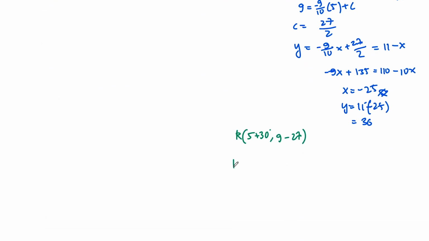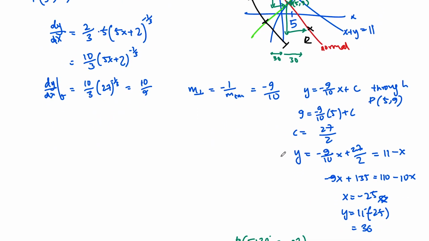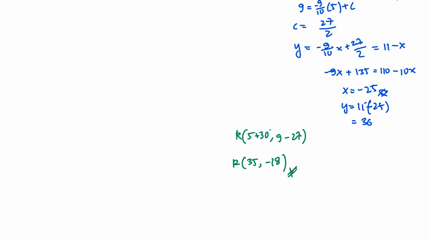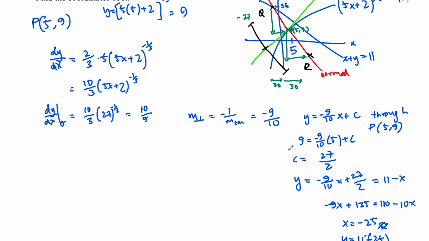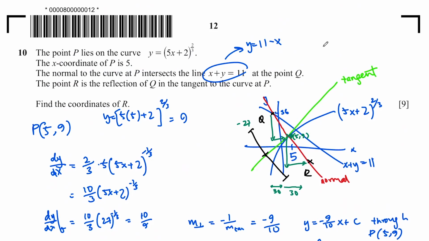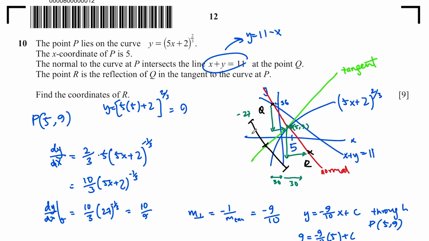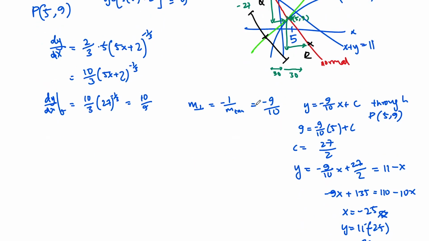So point R will be (35, negative 18). That will be the final answer for point R by symmetry. For this type of question, you should be sketching all this information out, try and represent it graphically so that you are able to visualize it and it's easier to solve, rather than just relying on algebraic methods.